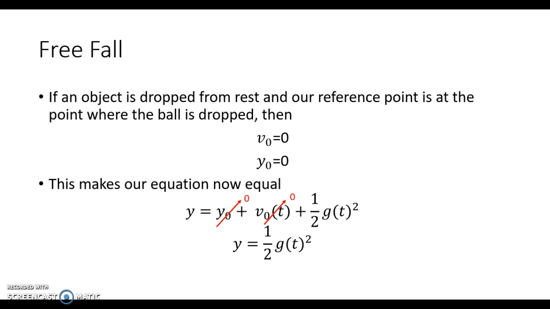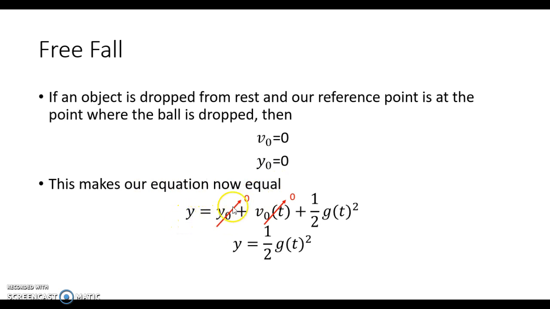So that means the initial velocity is equal to 0. The initial position, since the reference point was on the ball, is going to be equal to 0. Now this makes our equation equal to the following.